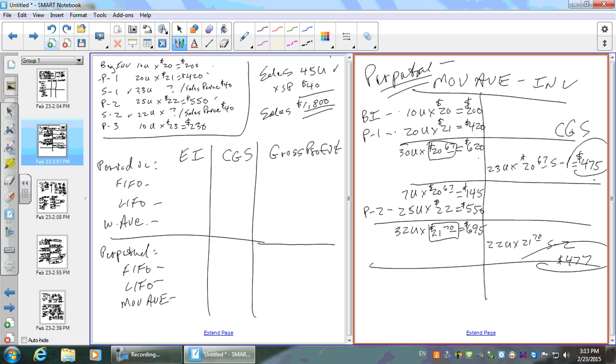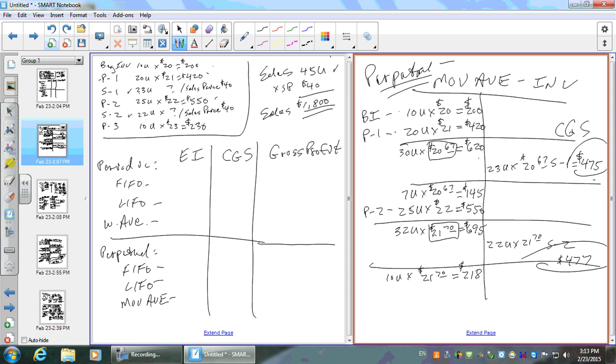Okay, what's the inventory at this point? 10 units that cost me what? 21.70. But then I did it, and that was how much? 695 less 477 is what? 218. Is that right? What's 10 times 21.70? Didn't work. What happened?